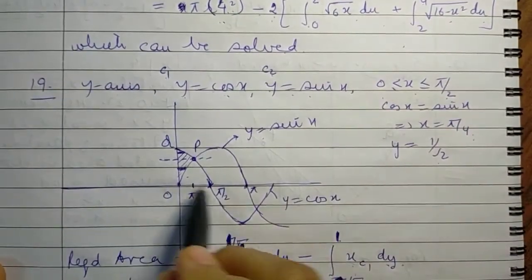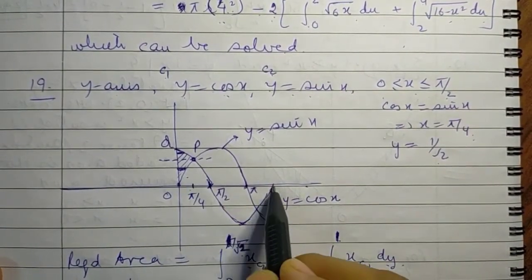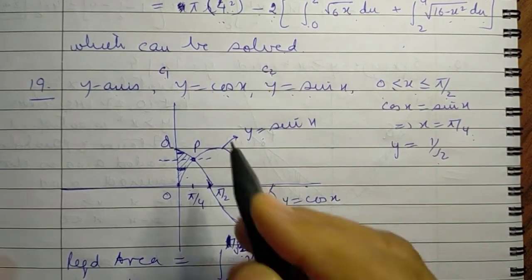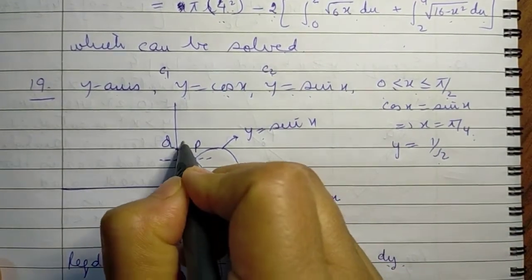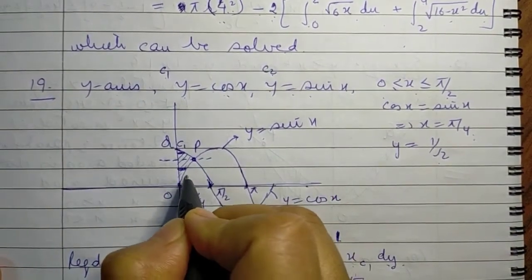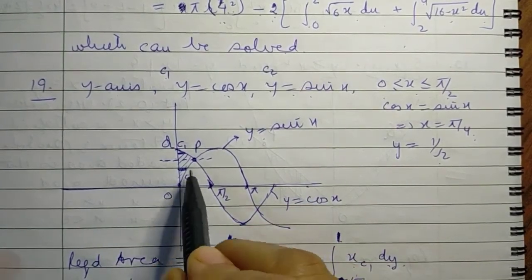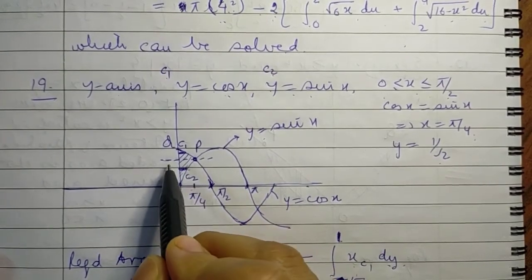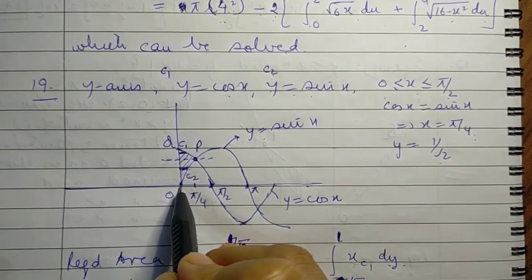So when we plot the graph for both the curves, we see that this is the graph for y equal to cos x, whereas this is the graph for y equal to sin x. That is, y equal to cos x is curve 1 and y equal to sin x is curve 2. Now the required area is the area between these two curves and the y-axis, and so the shaded area is the required area.